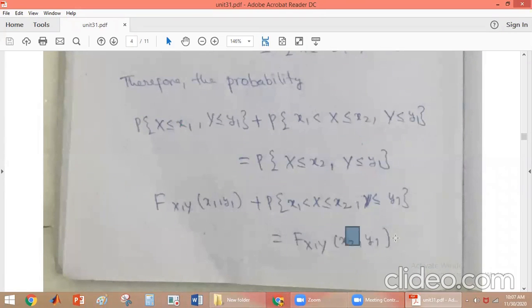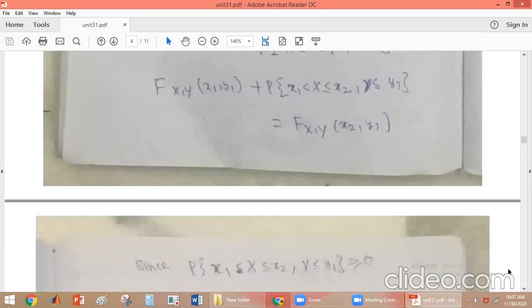Now from this relation, can you tell me what is the probability of x1 less than x less than or equal to x2, y less than or equal to y1? It will be F_XY of x2 comma y1 minus F_XY of x1 comma y1. Here the x range is x2, there the x range is x1, and x2 is always greater than x1.